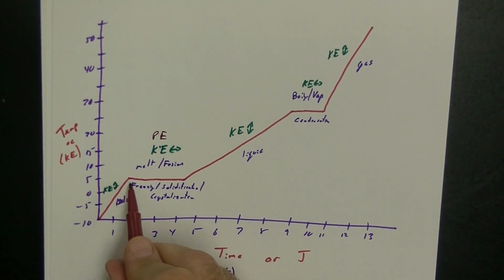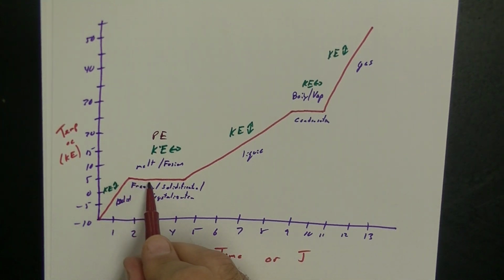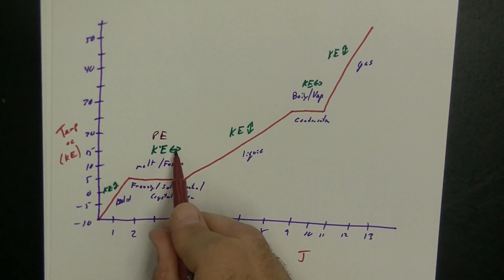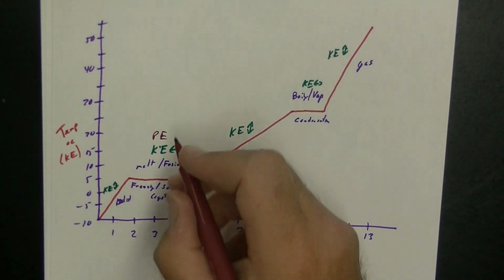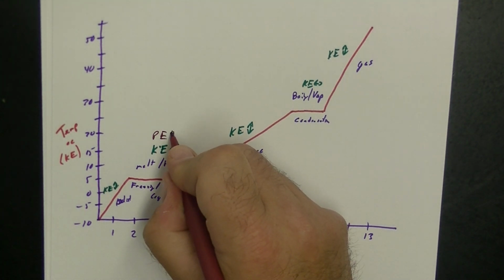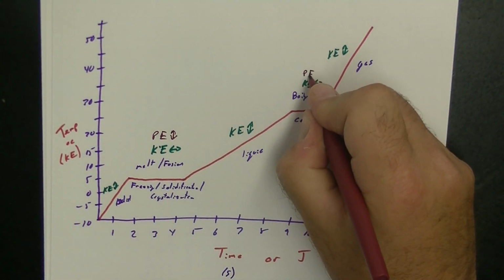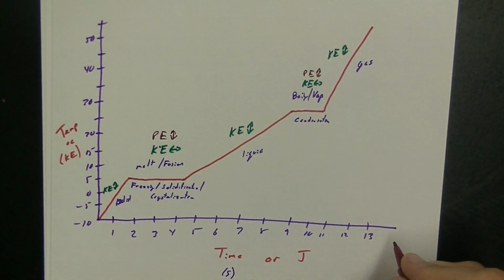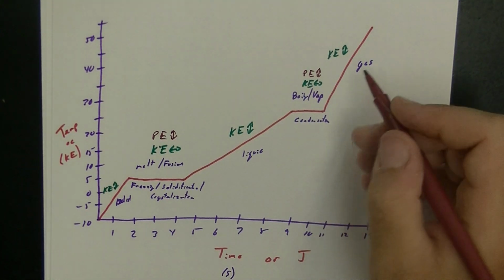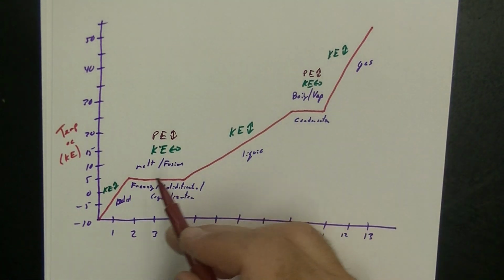As we go from left to right, we're adding energy still, but the temperature's not changing, so our KE stays the same, but we are increasing potential energy. So during our plateaus, our potential energy is going up or down. What about potential energy in our slants?